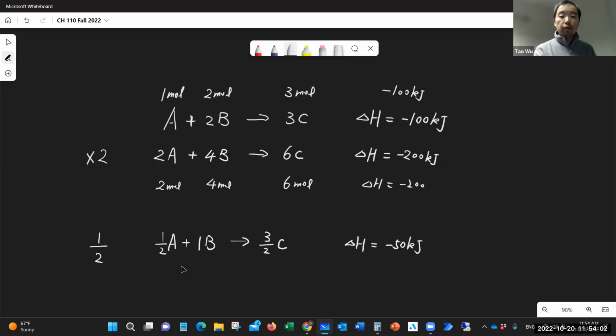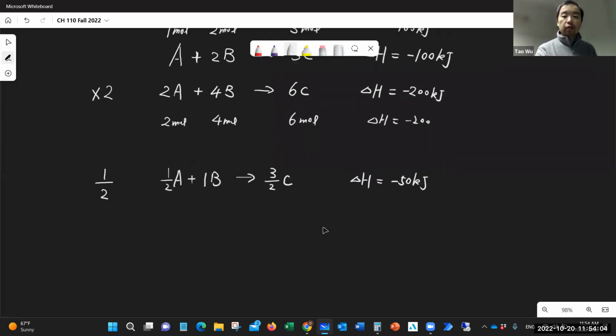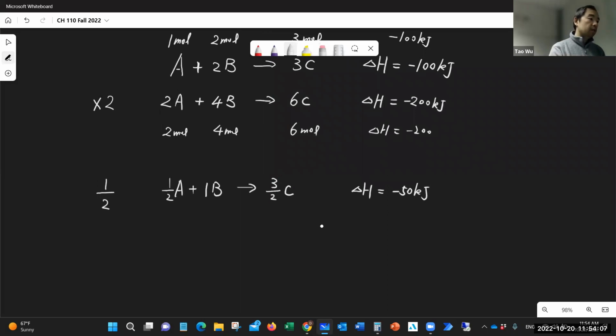You don't have to worry about the fractions. This is allowed in thermochemistry. In this case, that means 0.5 moles of A react with 1 mole of B to produce 1.5 moles of C, and this produces 50 kilojoules of heat.